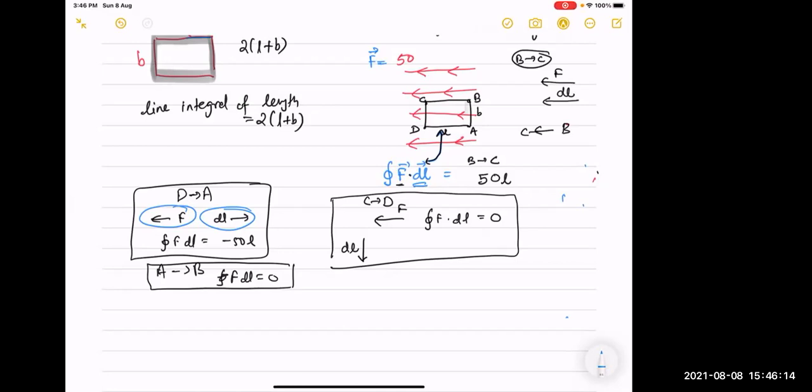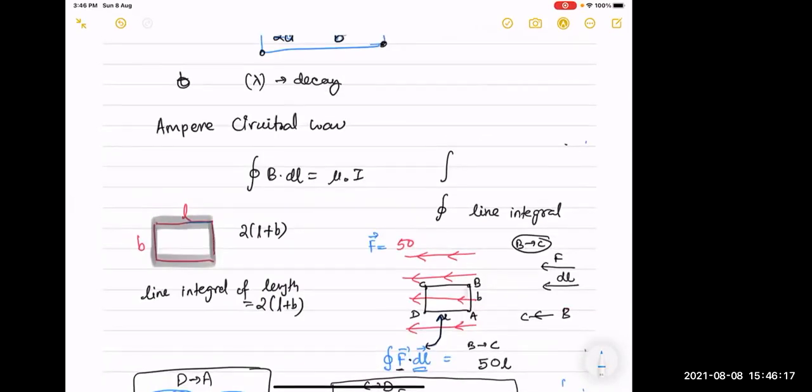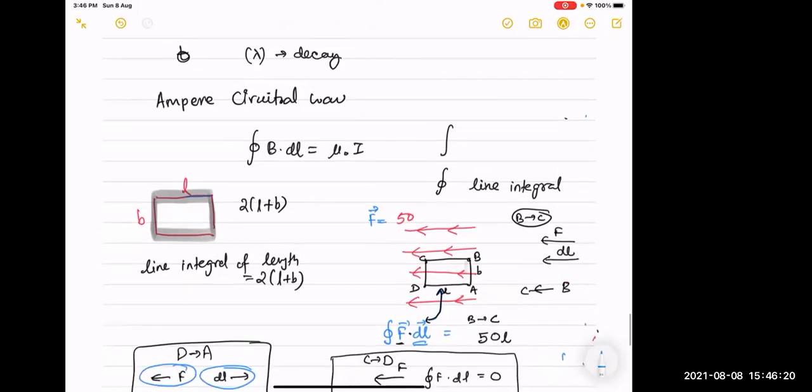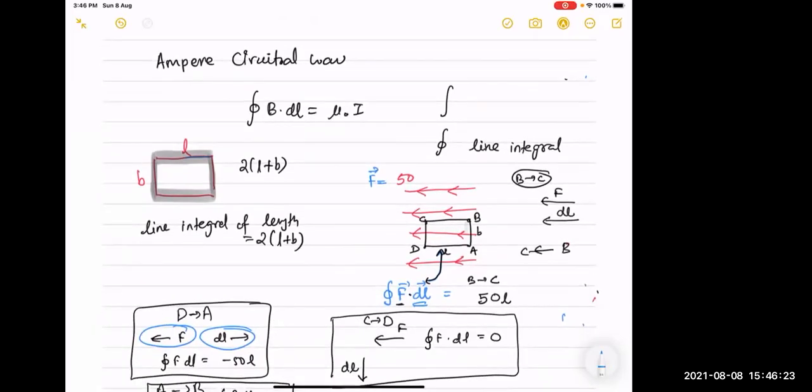So what is the Ampere Circuital Law? Everyone has to write: integral B dl is mu naught I. The Ampere Circuital Law states that the line integral of magnetic field over a loop is equal to mu naught times the current crossing that loop.